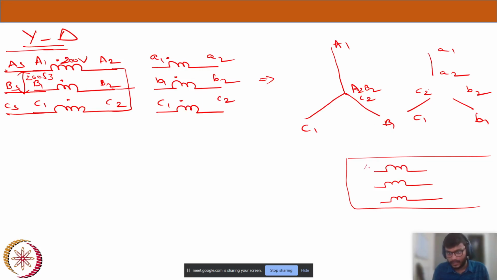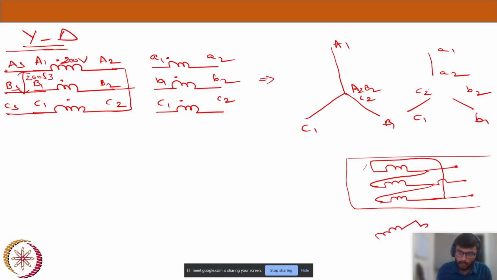So I'm making a series connection and I will close this connection and take outputs at these junctions. So this is a delta connection.